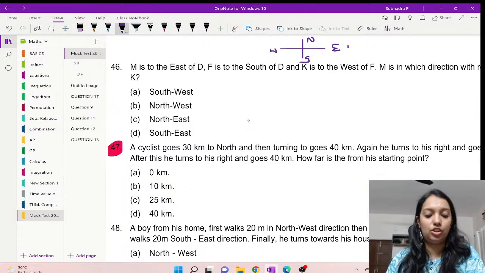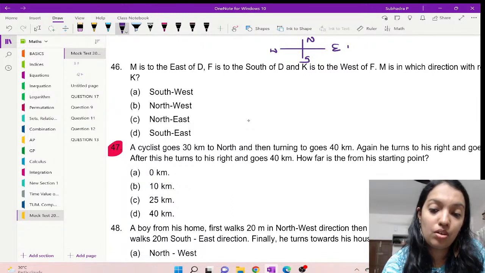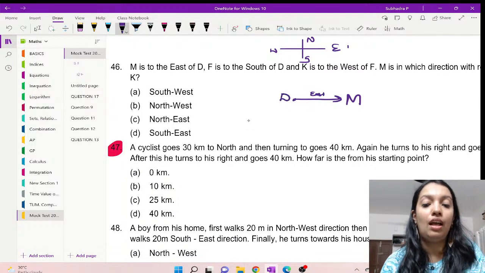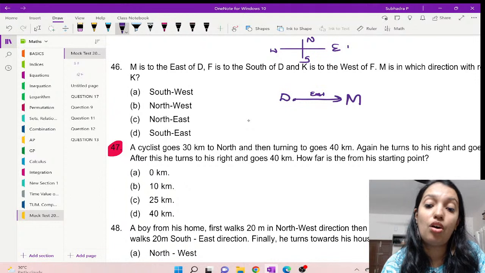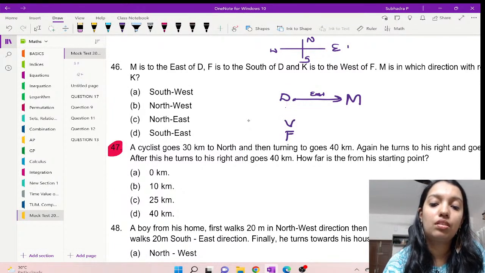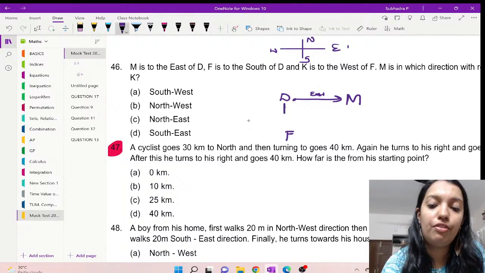If M is east of D, I'll place M in the east direction from D. F is to the south of D. F is in the south.